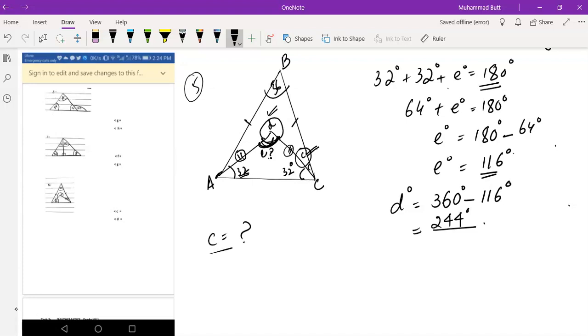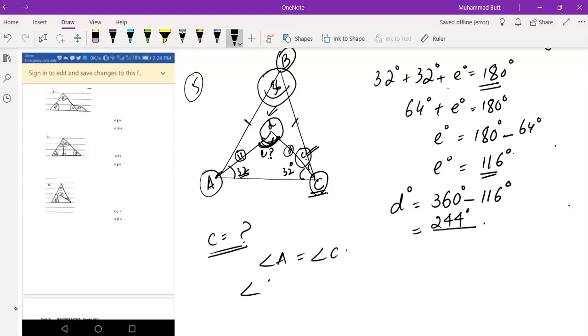For this we'll consider the big triangle A, B and C. In big triangle A, B, C, one angle is given to you and it is 56 degrees. It's an isosceles triangle. The base angles are not given to you. Let's suppose that angle A equals angle C, the capital C over here.